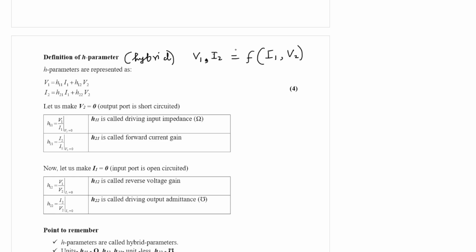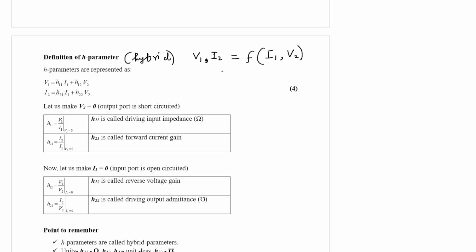In this way we have done some mixing. For the independent case we have both input and output variables, and in the dependent case we have both input and output variables. So we have done some hybridization, and that is why it is called hybrid parameters.